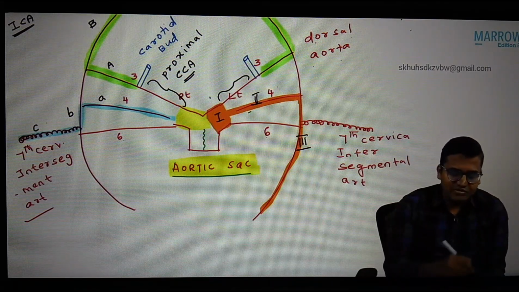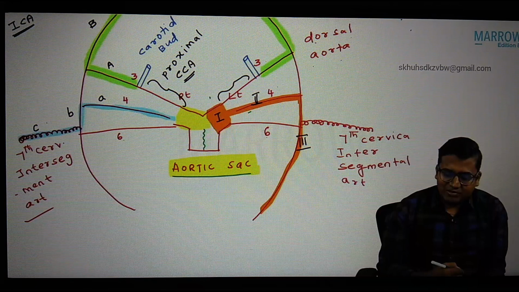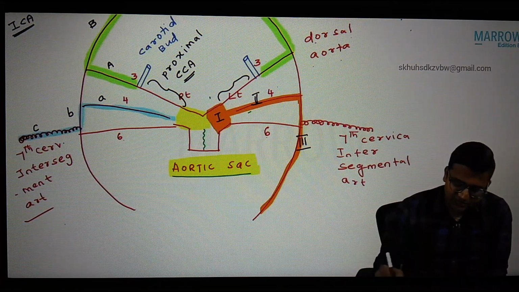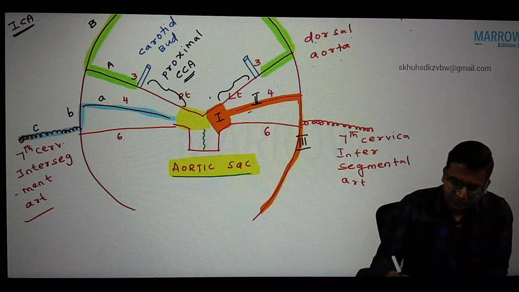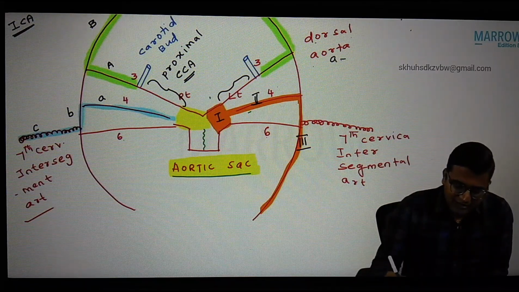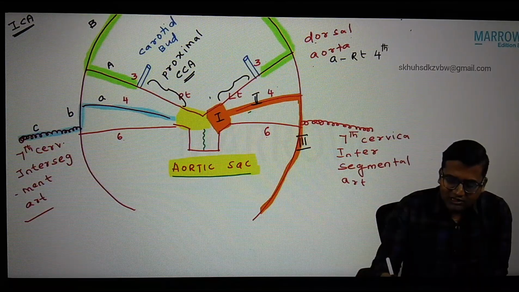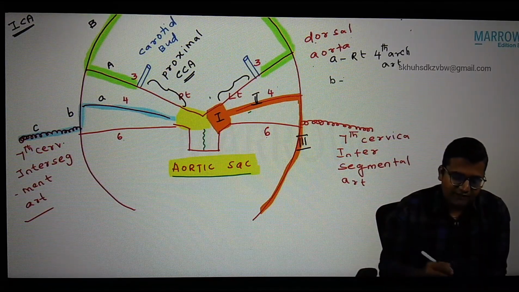So now this A, B, C will form the right subclavian artery. Now what is A, what is B, and what is C? Tell me. A is our right 4th arch artery. Very good. Now what is B?